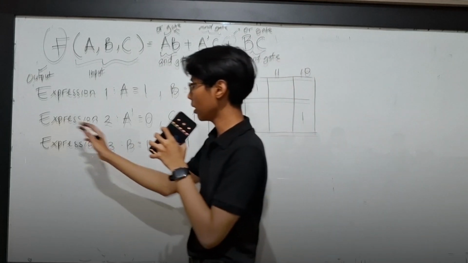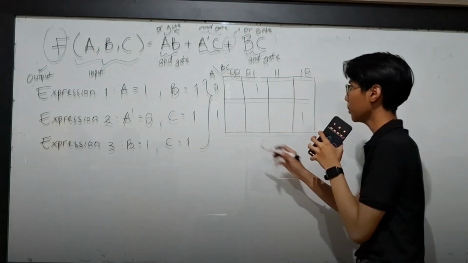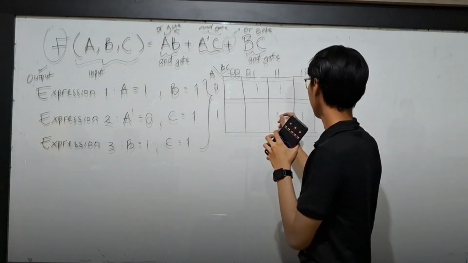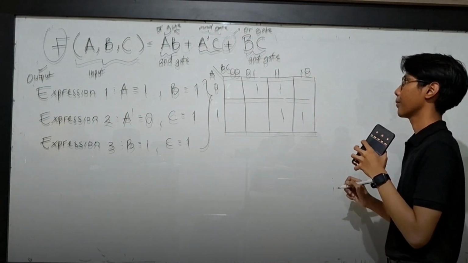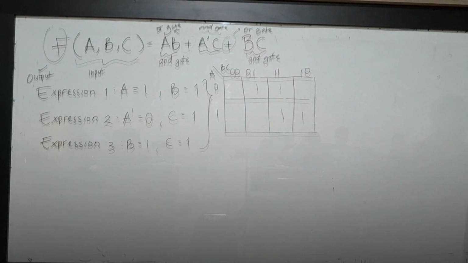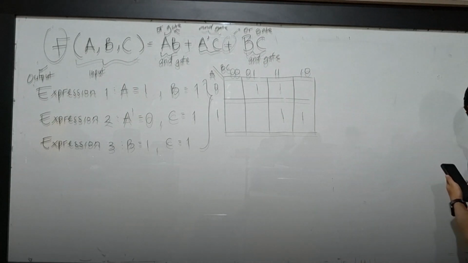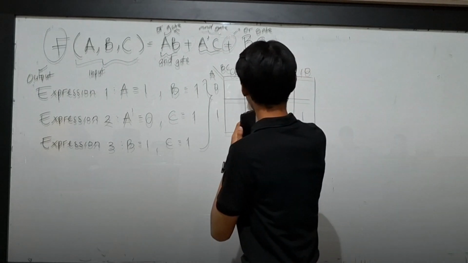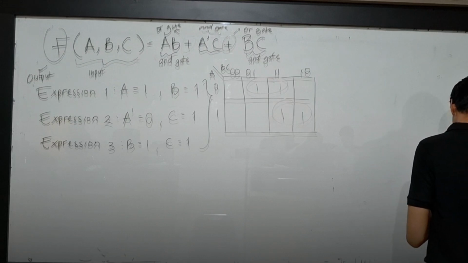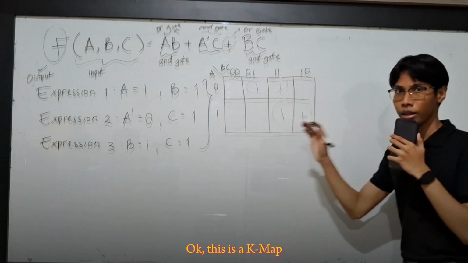Okay, let's see expression 3: B equals 1 and C equals 1, so put 1 1 in here. Okay, this is the K-map.